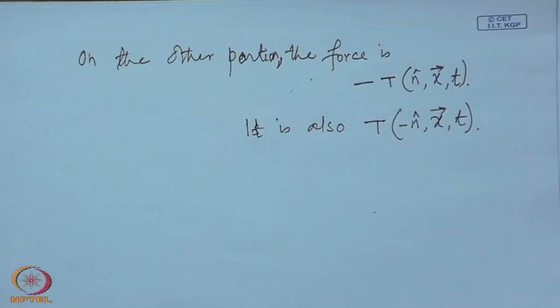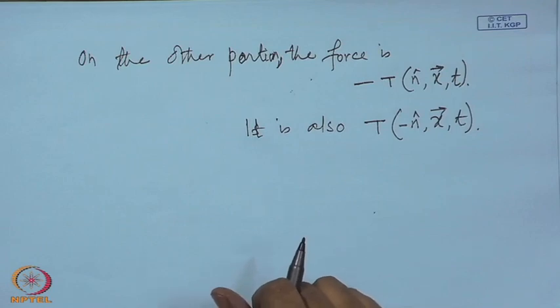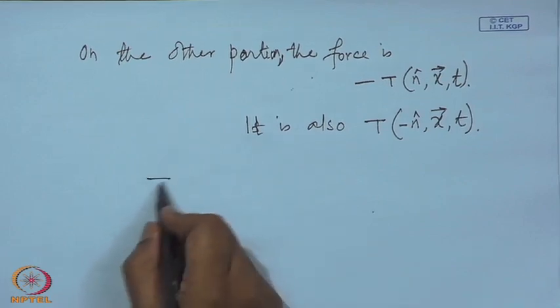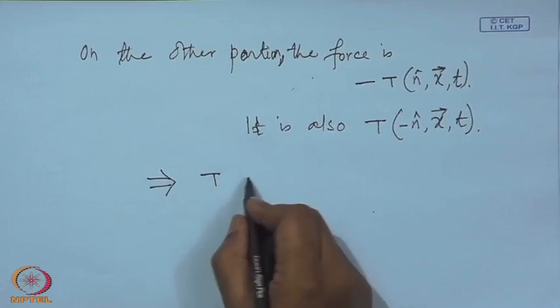If we change the direction of the normal in the other way, that gives the same force. And what does it mean mathematically? That the surface force is an odd function of the normal. The surface force is an odd function of normal.